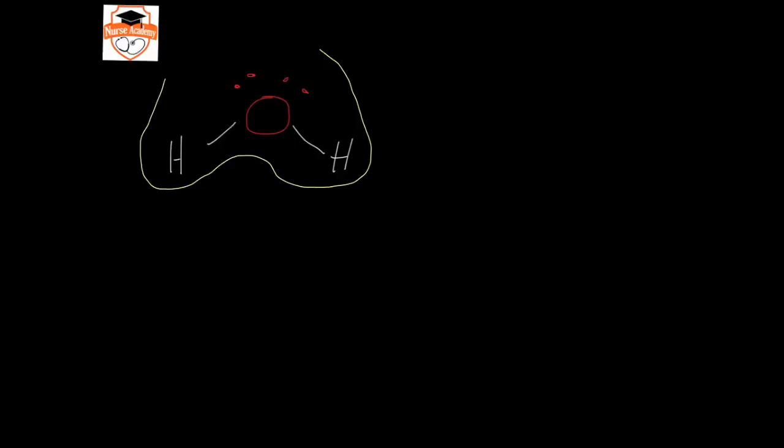We would see that we would have very little electron density around our hydrogen and a great deal of electron density. So this would be very, very thick here around our oxygen. And so this has got a much more negative charge.